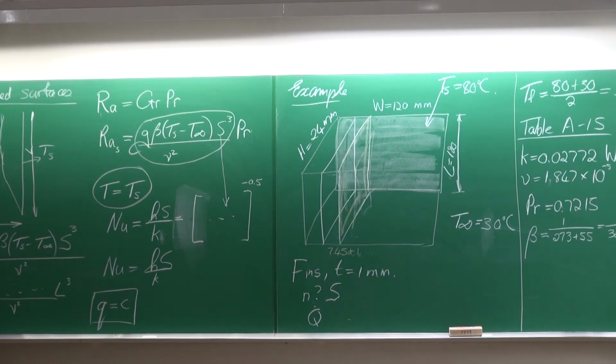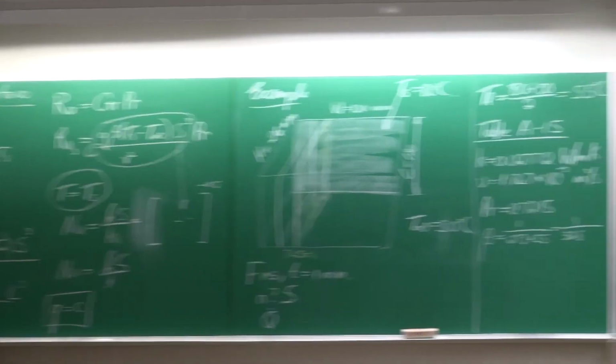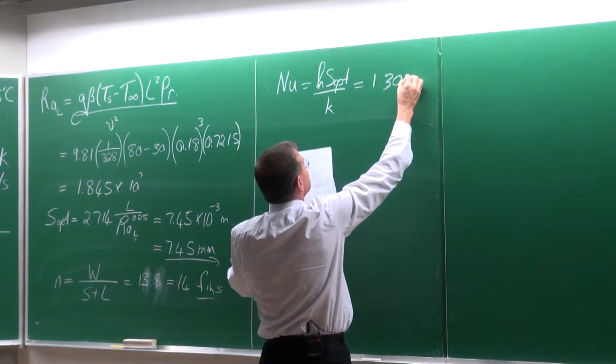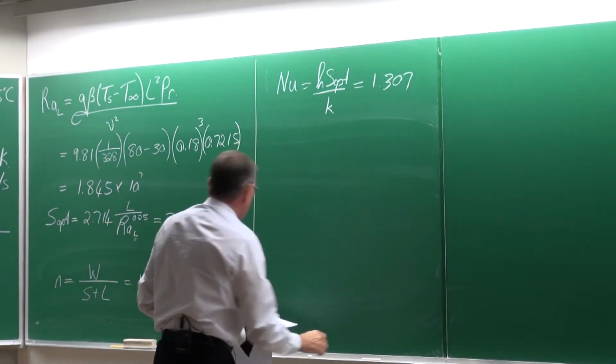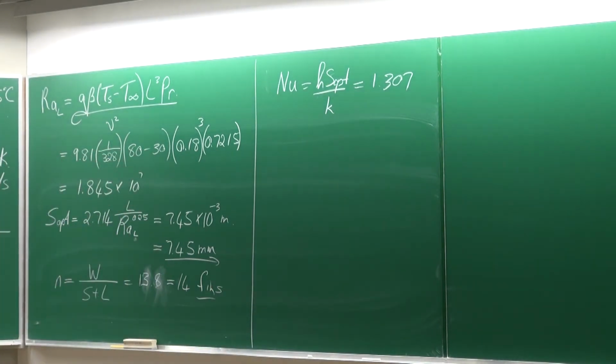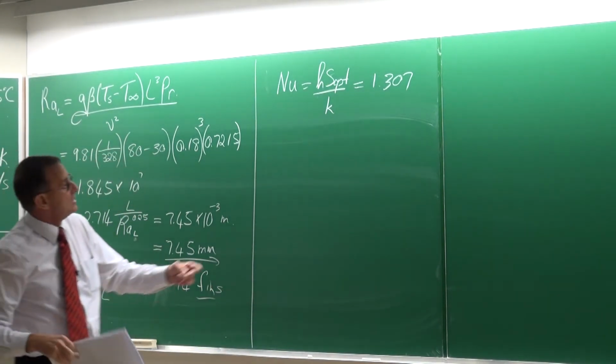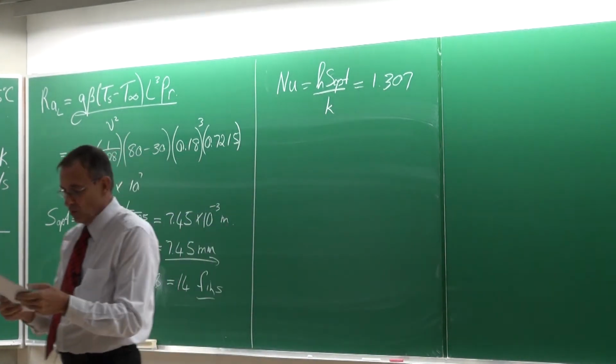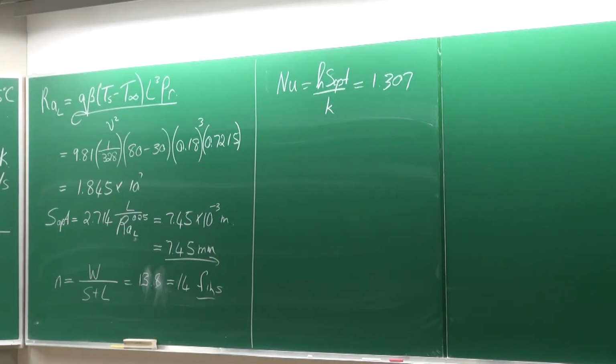The heat transfer rate we can get from, firstly, determine the heat transfer coefficient divided by K, and that is equal to 1.307. Now I don't know if one of you are actually now realizing what we are writing here. A Nusselt number of 1.307, what does it mean?